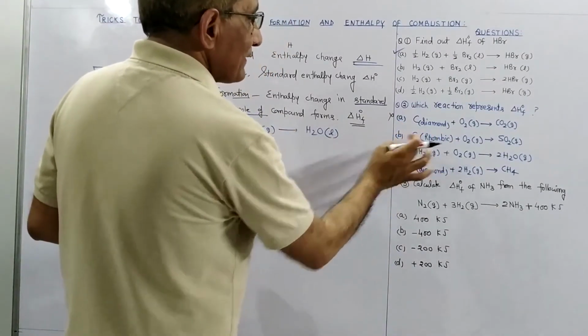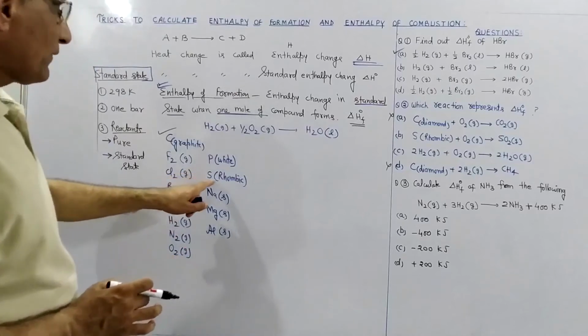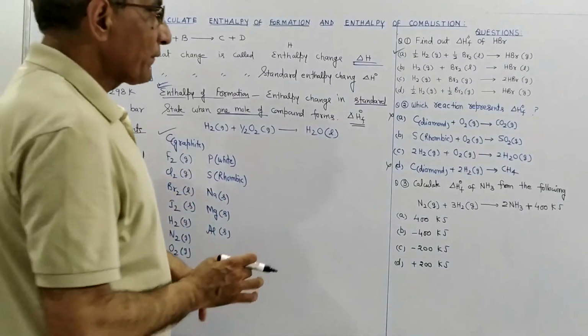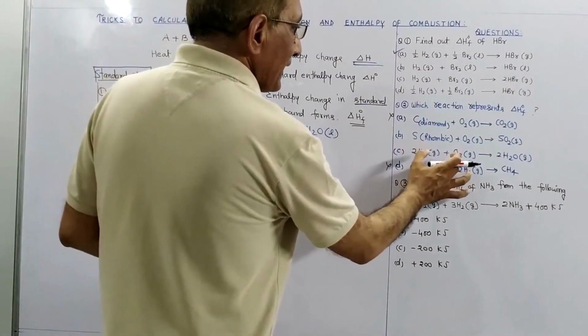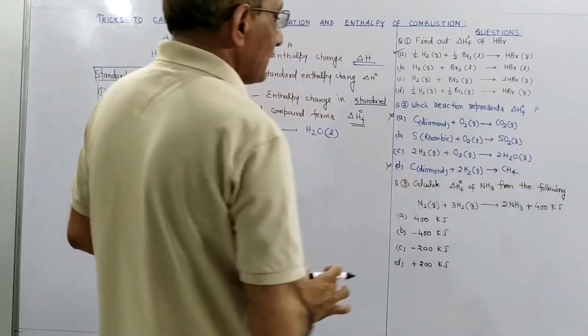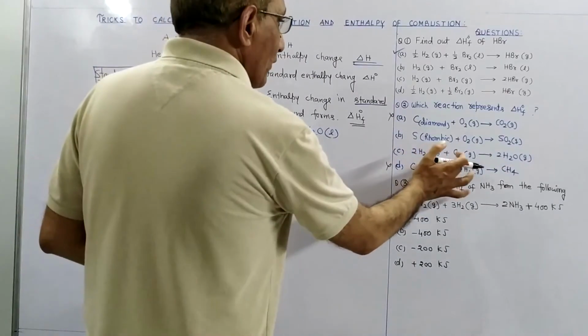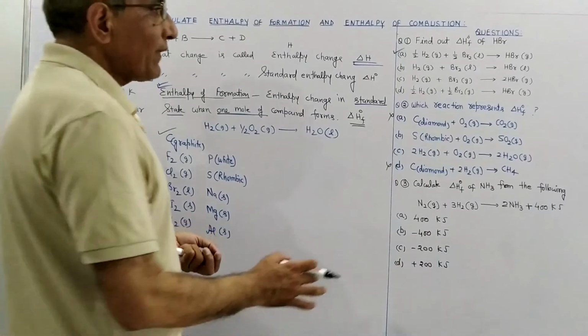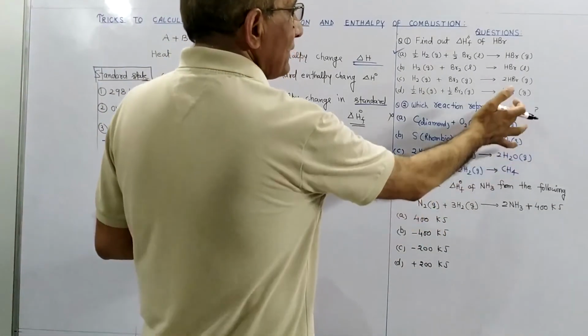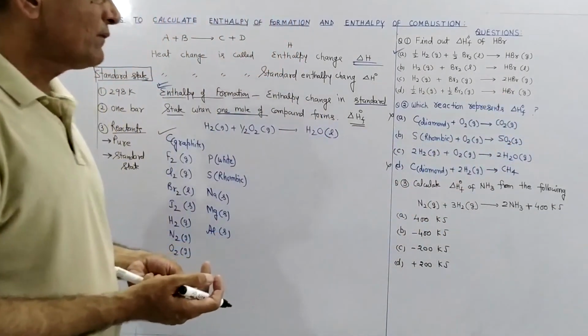In this case, they have given sulfur rhombic. Sulfur rhombic is correct, O2, SO2. What they have given here is 2H2 gas plus O2 gas equals 2H2O. Here hydrogen and oxygen are both present in standard state, but 2 moles of water are forming here. Standard enthalpy of formation is always for 1 mole.